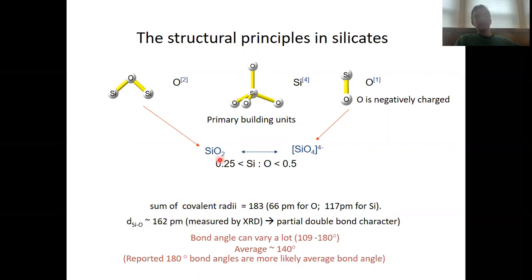In other words, the formal electron lone pairs at the oxygen are partially involved in the bonding, whereby the degree of involvement depends on the individual silicate. So that makes this bond angle very variable, and that allows for the structural diversity in silicates, because there are more ways possible as structures can be realized.